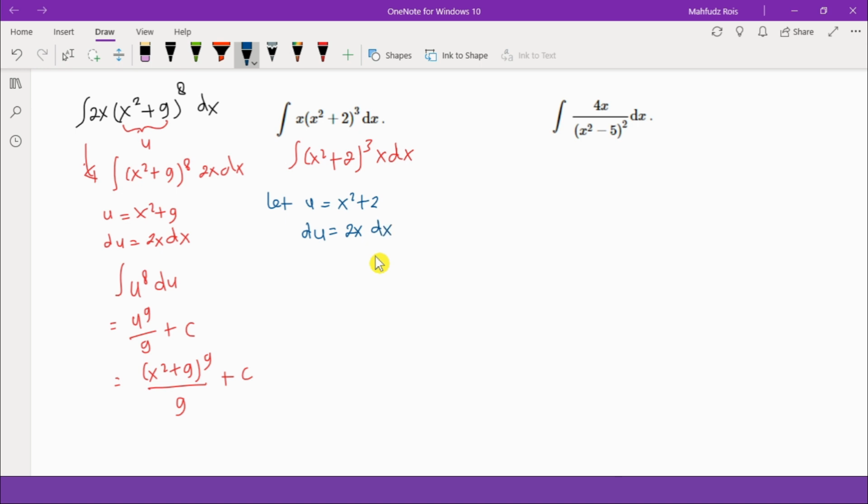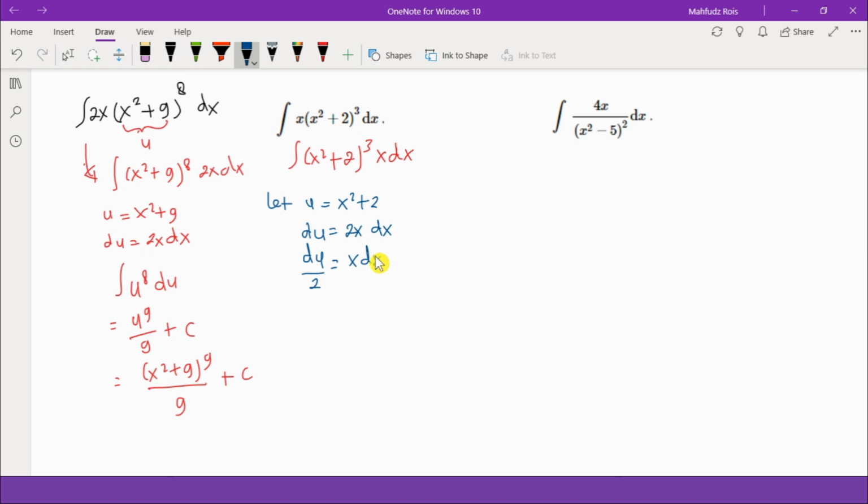Now here, since the question only has x dx, to make it x dx, we can divide du by 2, right? So if you divide du by 2, it will be x dx only.